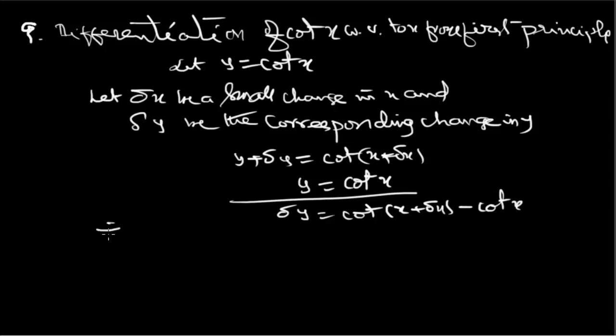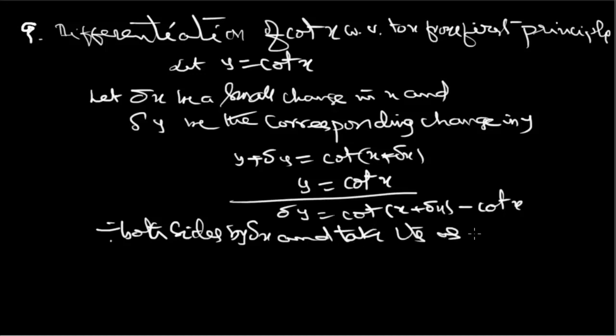Divide both sides by delta x and take limits as delta x tending to 0. So first of all, we divide delta y by delta x. We divide by delta x. So right hand side is what?